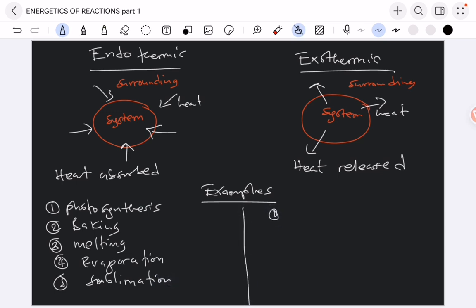Then for exothermic, we are looking at things such as respiration, we are looking at solidification or freezing, we are looking at deposition, and so many other examples.